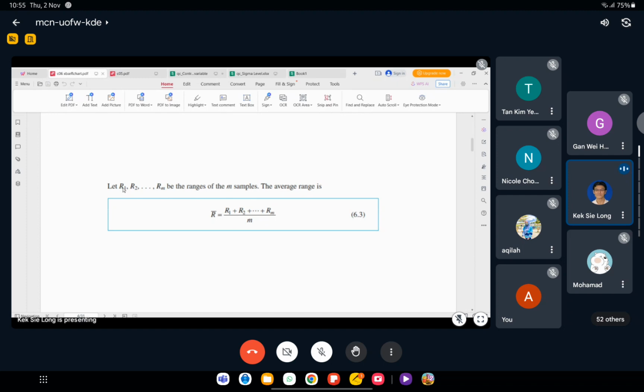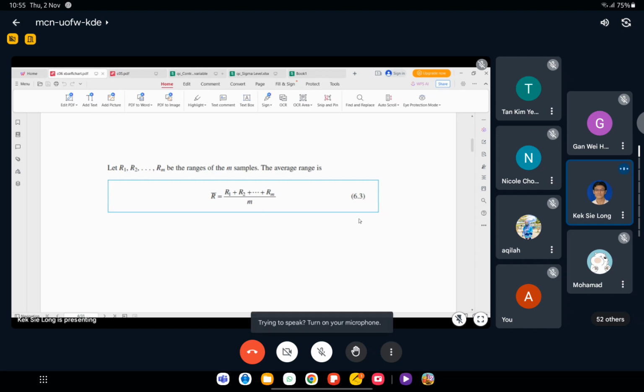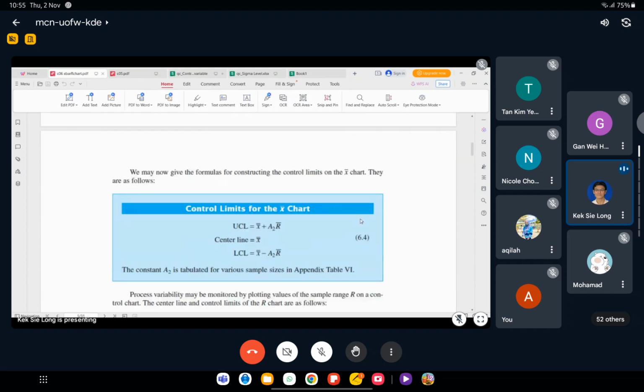Referring to these M R values, we can calculate the average range given by R bar, which is equation 6.3. So I think equation 6.4 is clear. We know how to calculate X bar and R bar. Then one question remains: what is A2?